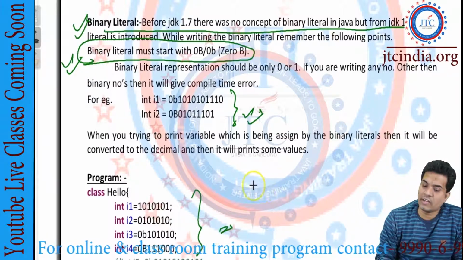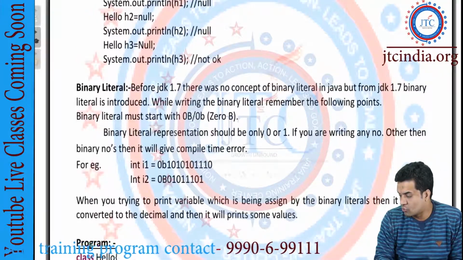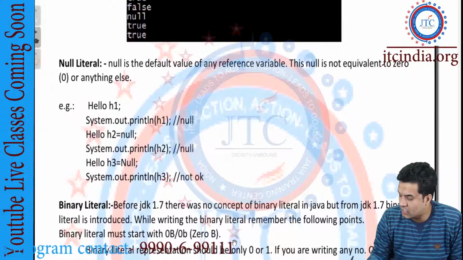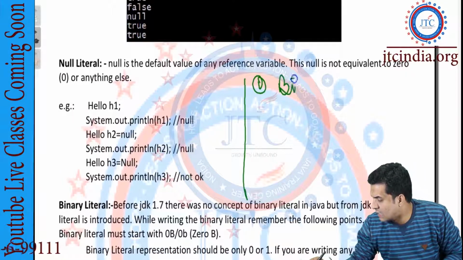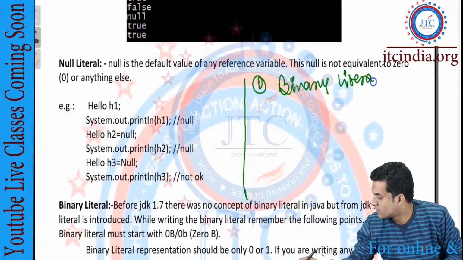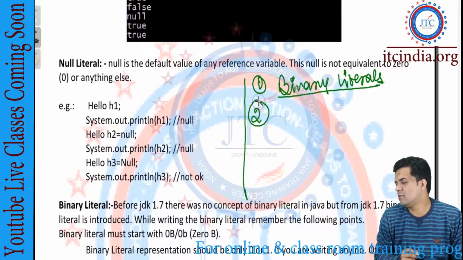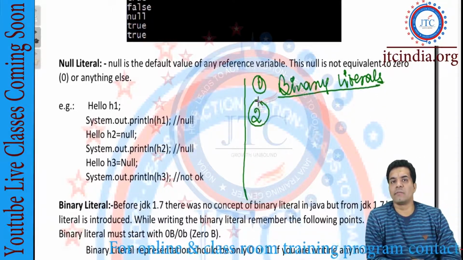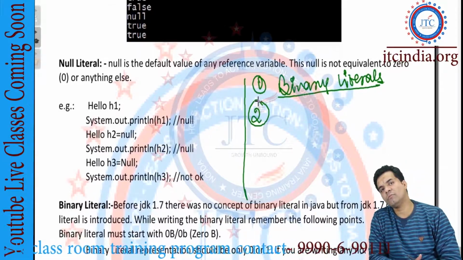So from Java 7, two things got introduced in the case of literals. What are those two things? The number one is binary literals, the very first thing. The first one I am writing is the binary literal, which was introduced in Java 7, JDK 1.7.